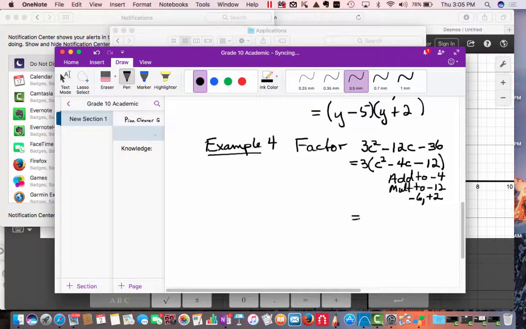So we rewrite the bracket now. The 3 stays part of it. Our one bracket becomes two brackets, c in each spot for your c squared, and then minus 6 and plus 2. It could be c plus 2 and c minus 6, but the key things are it's got to be the minus 6 and the plus 2. That's all for today.